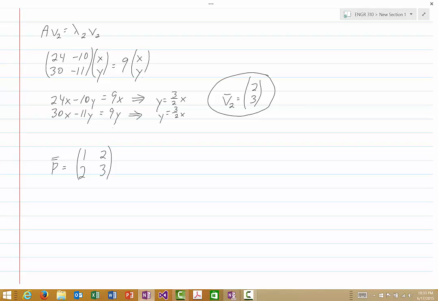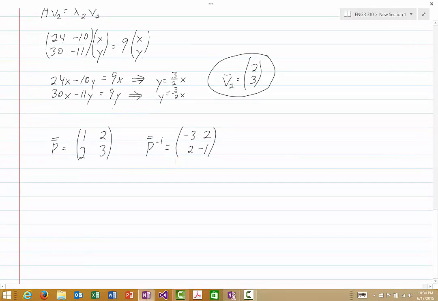Now, if you use the Gauss-Jordan procedure, you can find that P inverse is equal to (negative 3, 2; 2, negative 1). And of course D here is going to be equal to (lambda 1, which is 4, 0; 0, 9).